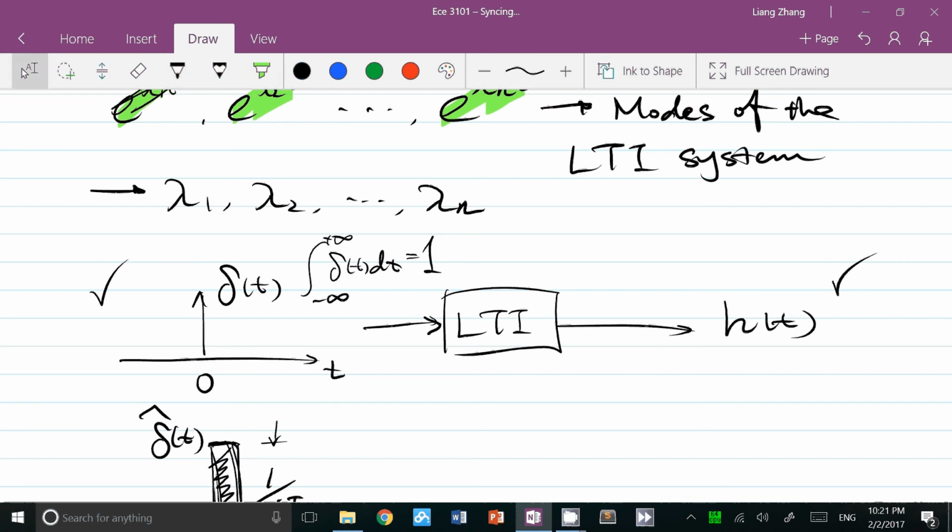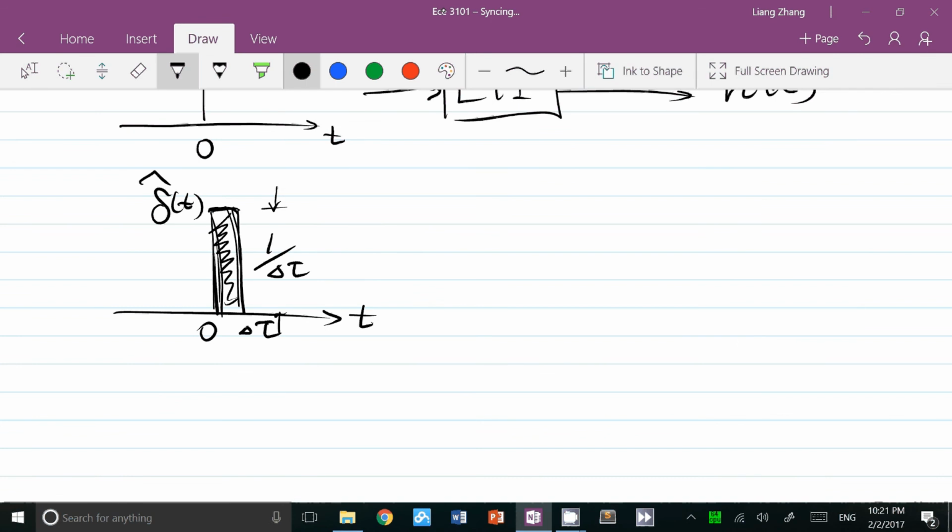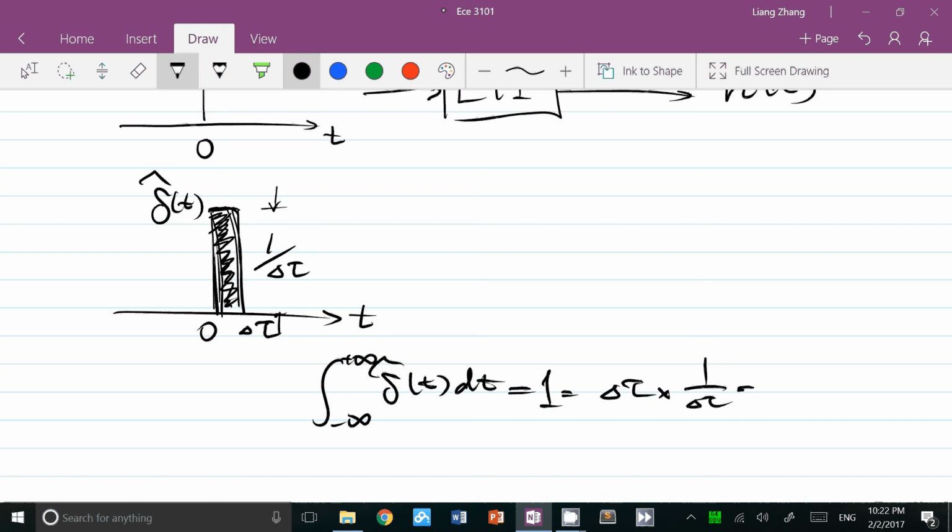Now if we do this integration for our delta hat from negative infinity to plus infinity, we also have it equal to 1 because the integral should be equal to the area of this narrow rectangle, which will be the width delta tau multiplied by the height, which is 1 over delta tau, and it's equal to 1. So in this sense, the two are sort of close to each other.